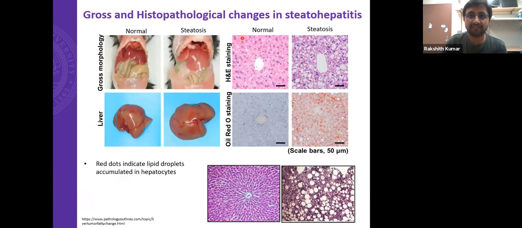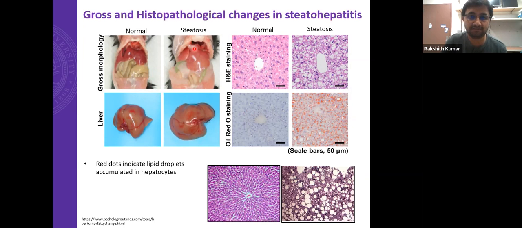Gross and histopathological changes in steatohepatitis are very important to know because of the animal trials to test the drugs. So this is the gross morphology of the liver in the normal state. The liver color will be dark brownish red, but with steatosis, it will be yellowish to discolored.